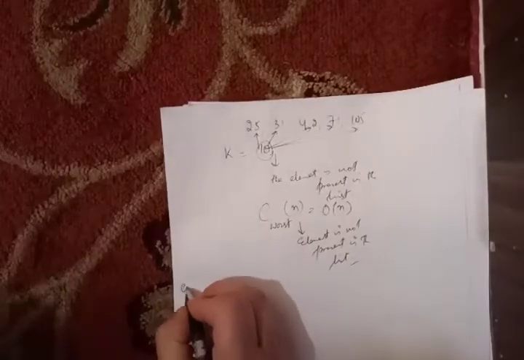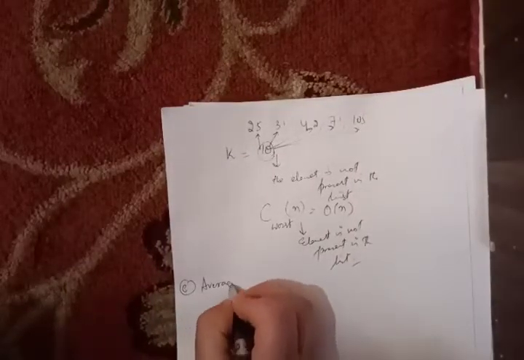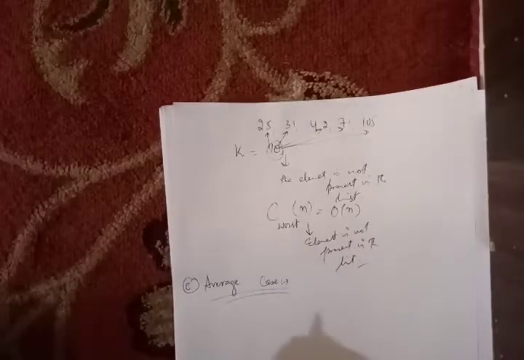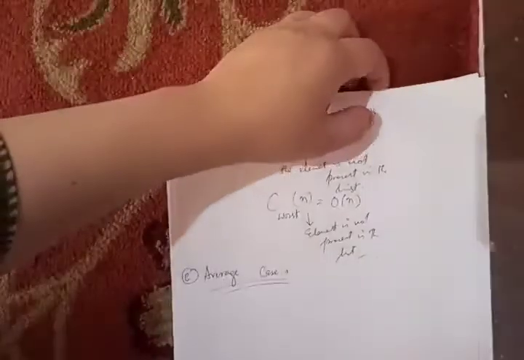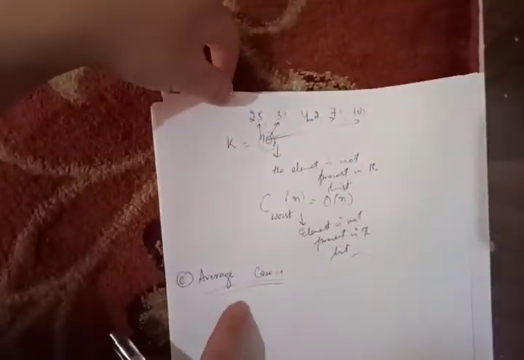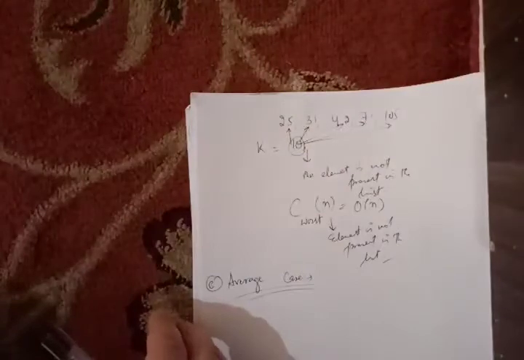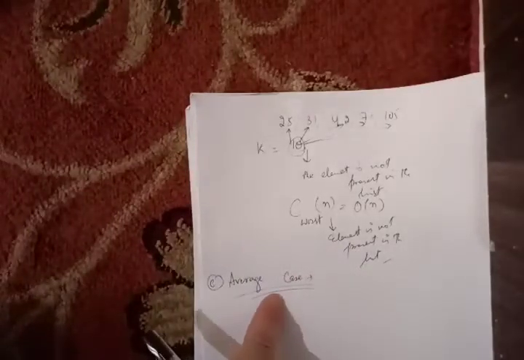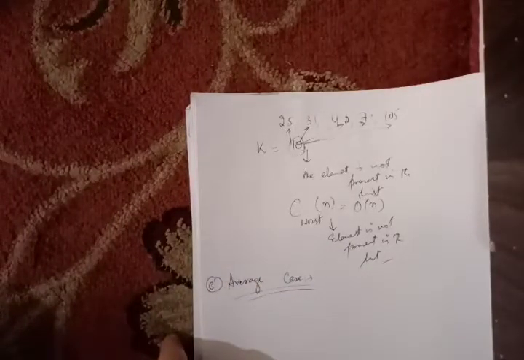Now the last one is our average case. In the average case, there are again two cases. There is a probability that the element is present in the list and it will be present somewhere in between the list, maybe in the middle, maybe after the middle position, or like that, right? In the average case, the element is not present in the first position, because that would be the best case.